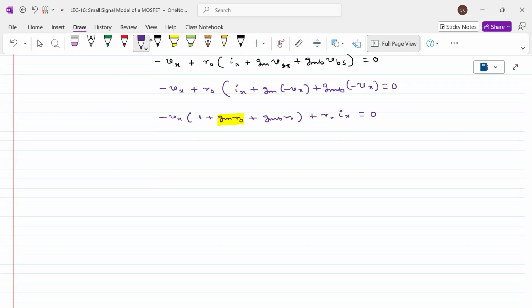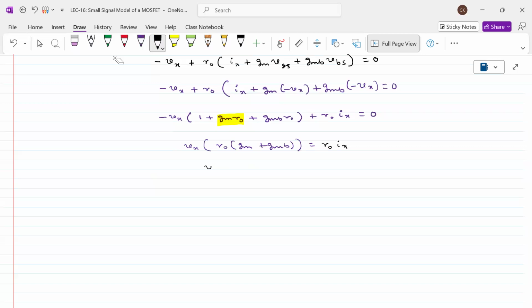So therefore, minus Vx is R0 into gm plus gmb, and I keep the other side equal to R0 into Ix.